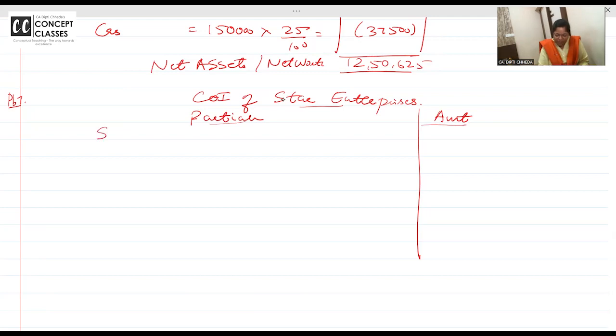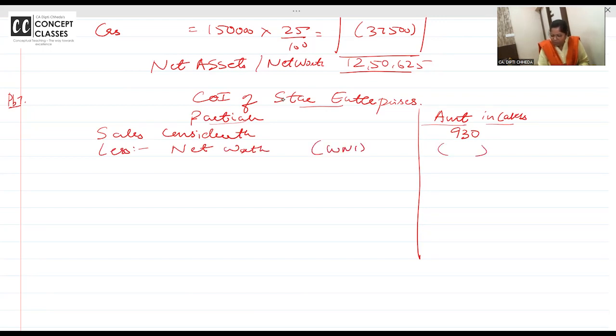This is sold for how much sale consideration? Sale consideration is in lakhs, and it is 930 lakhs. Are there any expenses? No. So directly deduct your net worth, which I don't know yet; I'll do it in working note 1.